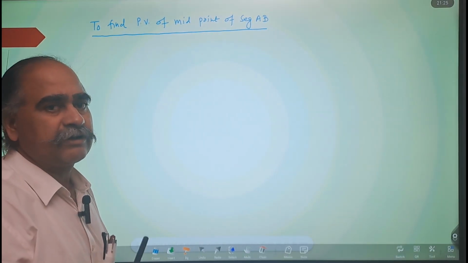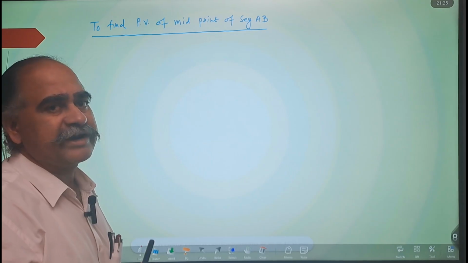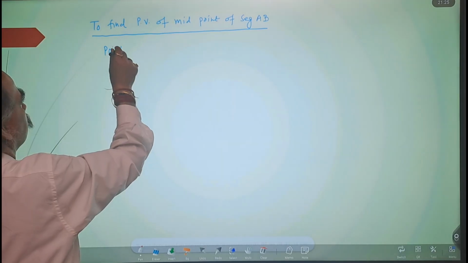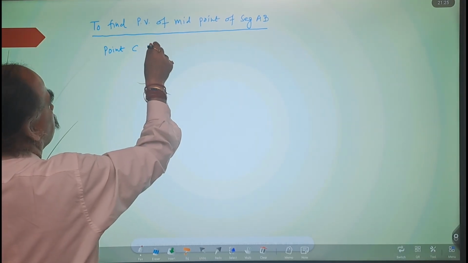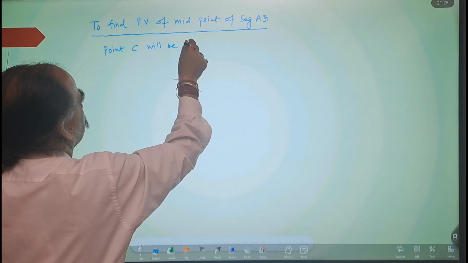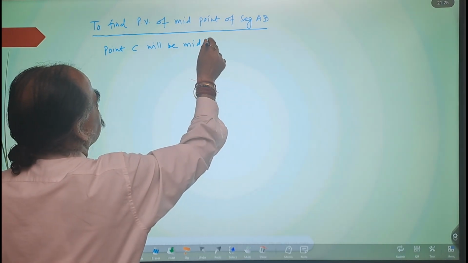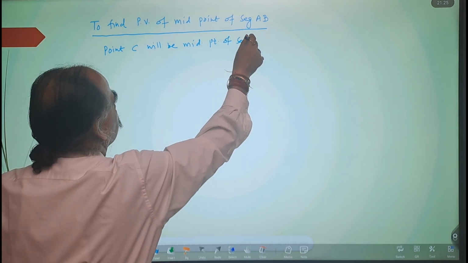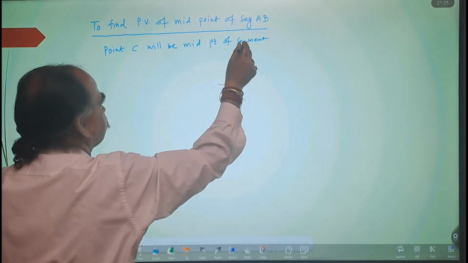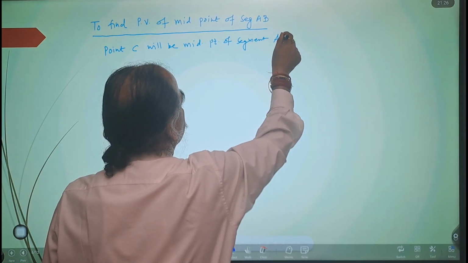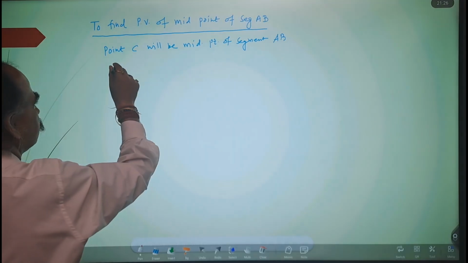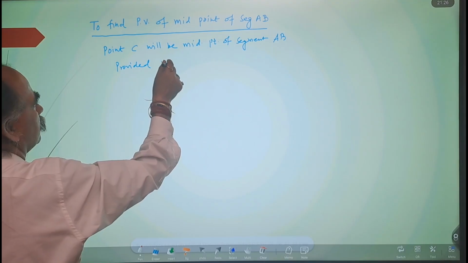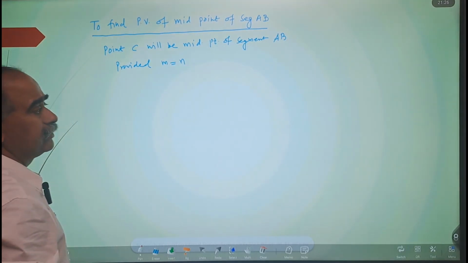Point C will be midpoint of segment AB provided m is equal to n.